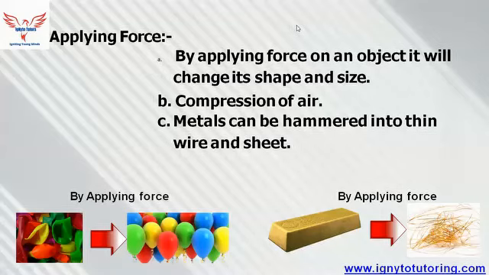As we have seen the example of gold, there are some more examples of metals like aluminium and copper, which are metals having the same property, or I can say metals to which, if we apply force, can change their state. Hence, this was all about the second way of helping a substance to change its state, that is, applying force.